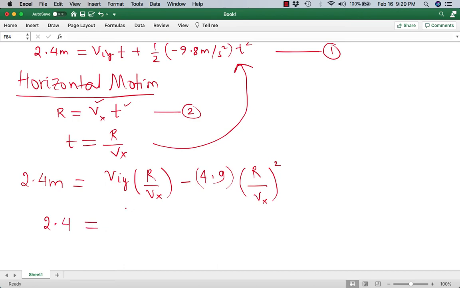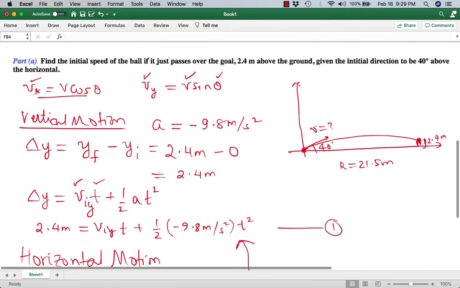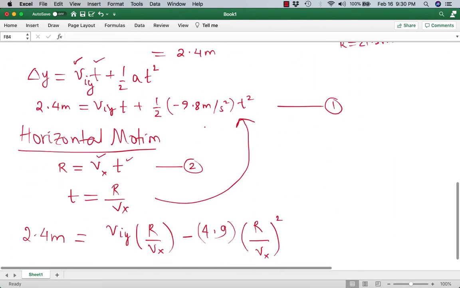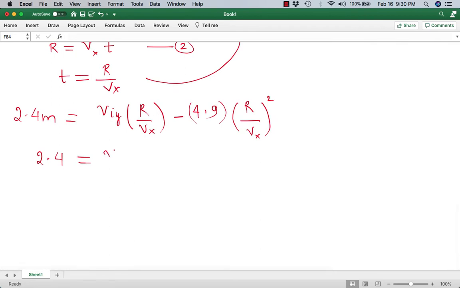I already showed you what Viy is, so that's V sine theta, times R over Vx, and Vx is V cosine theta, minus 4.9 R over Vx squared, where Vx is V cosine theta.